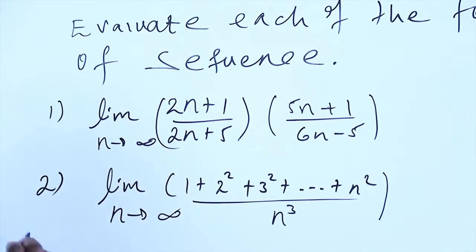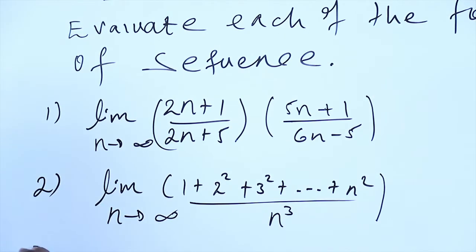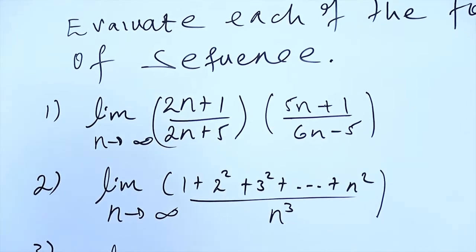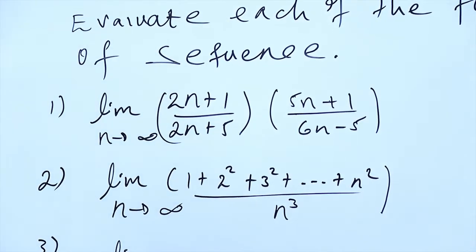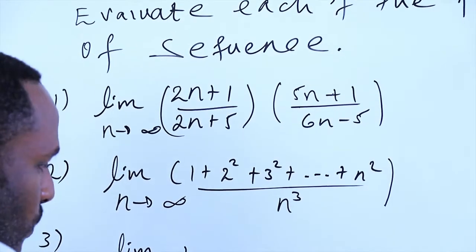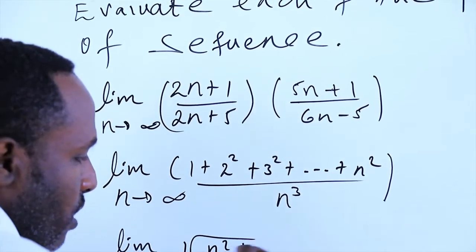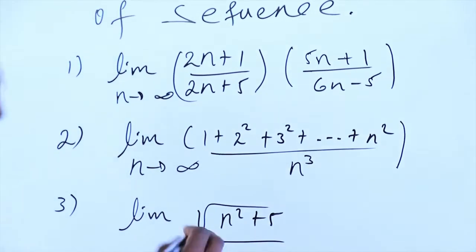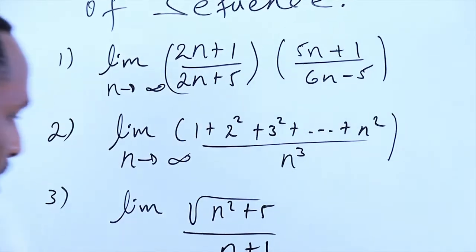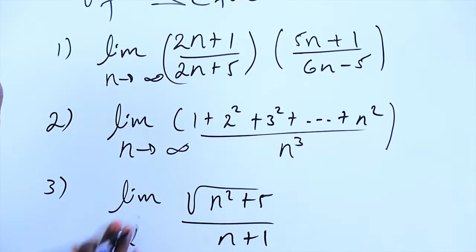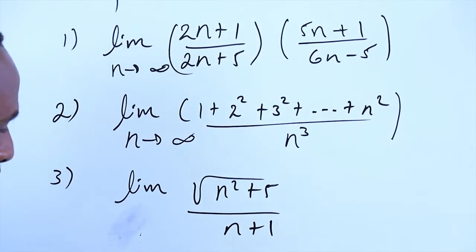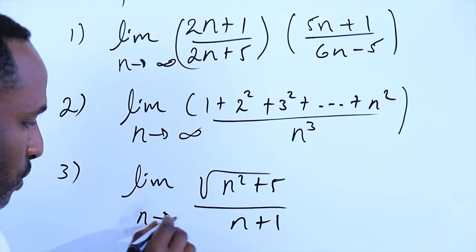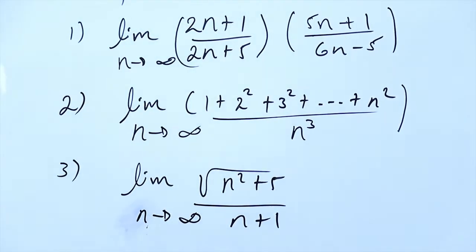The third exercise is the limit of the square root of n squared plus 5 over n plus 1, as n approaches infinity.